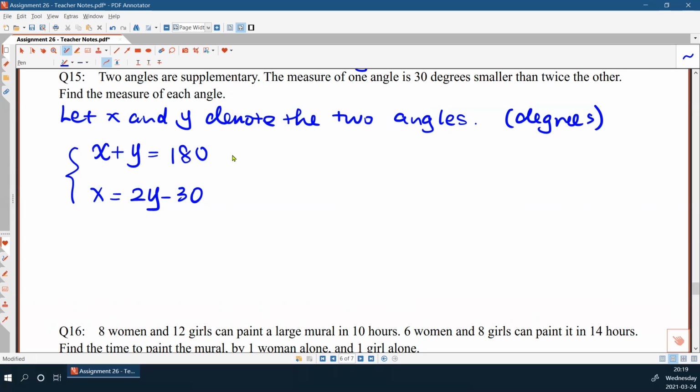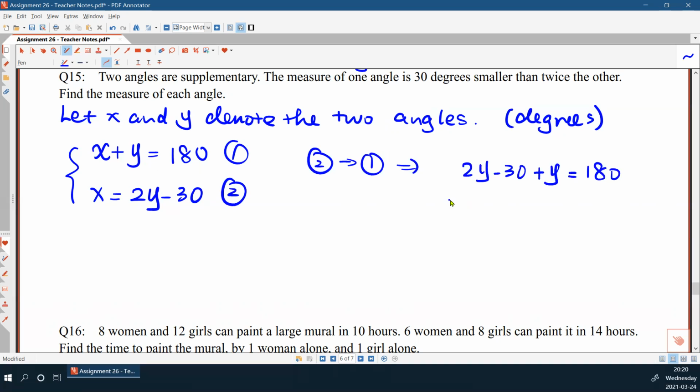Okay, so basically we need to solve the two variables from this system. So note that we can directly put 2 into 1. This will give us 2y minus 30 plus y equals 180, which is 3y equals 210. So that means y is 70, right?